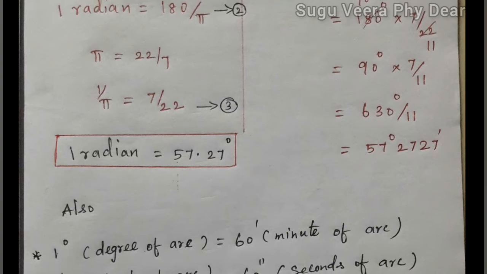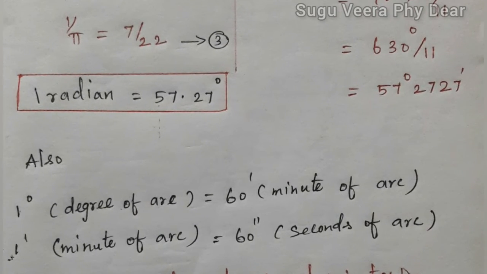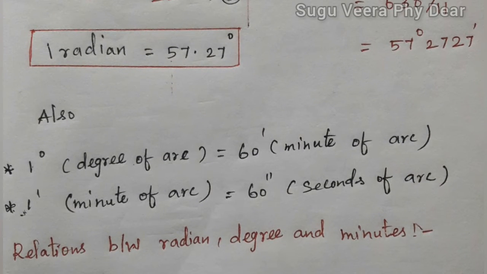So 1 radian is equal to 57.27 degrees. Also, 1 degree of arc is 60 minutes of arc, and 1 minute of arc is 60 seconds of arc.